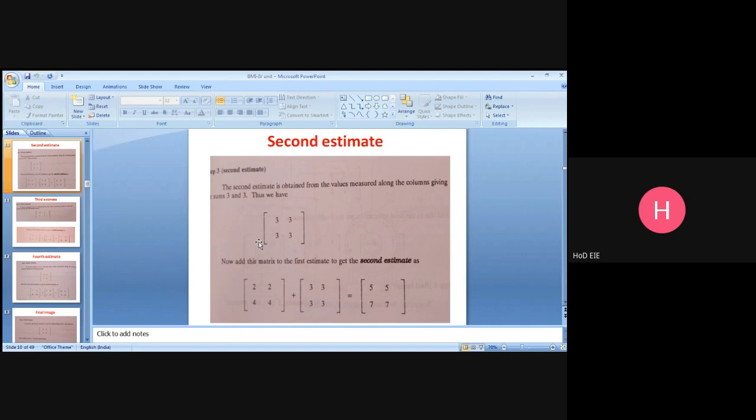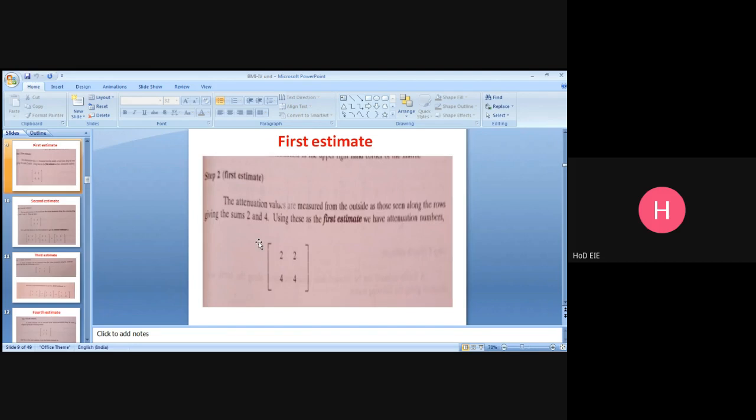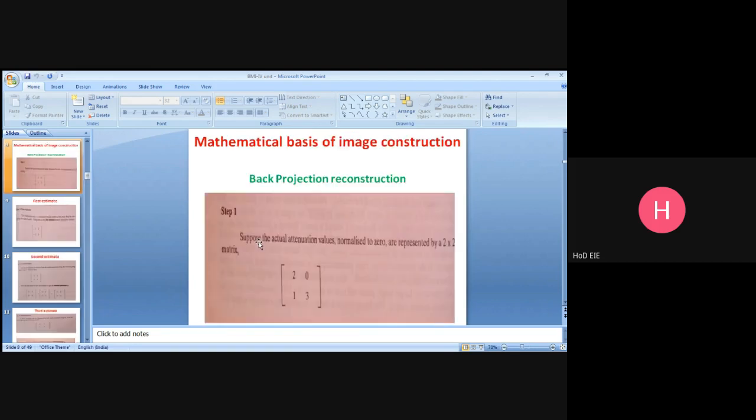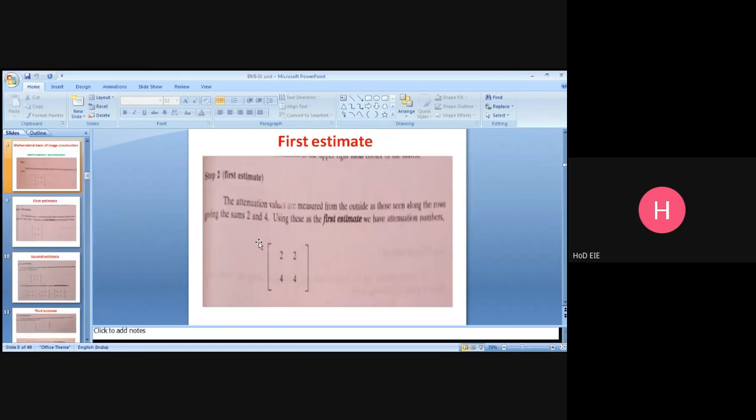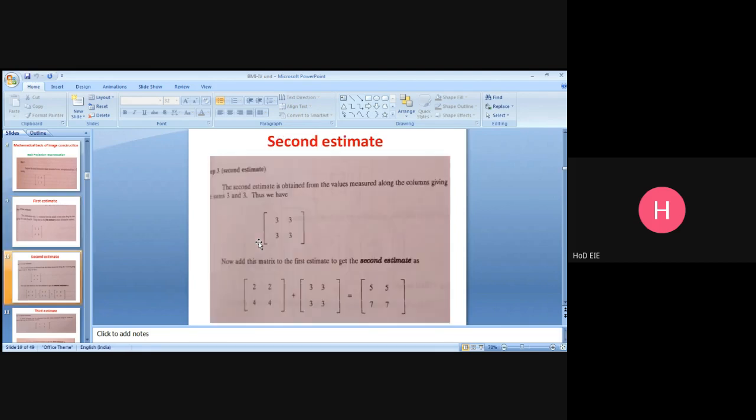In your first estimate, that is your step 2, usually in your step 1 the matrix is 2 comma 0 and 1 comma 3.